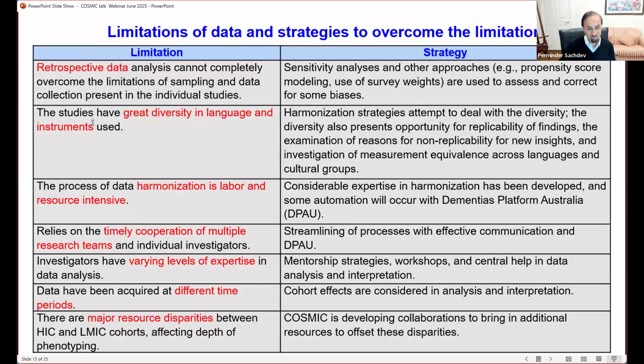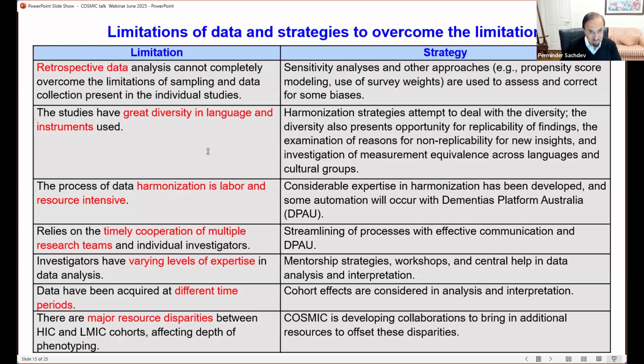Of course, we're dealing with retrospective data, and therefore we have to use various strategies and sensitivity analyses to deal with some of the biases. There is diversity in language and instruments, and the harmonization strategies have to deal with this diversity.